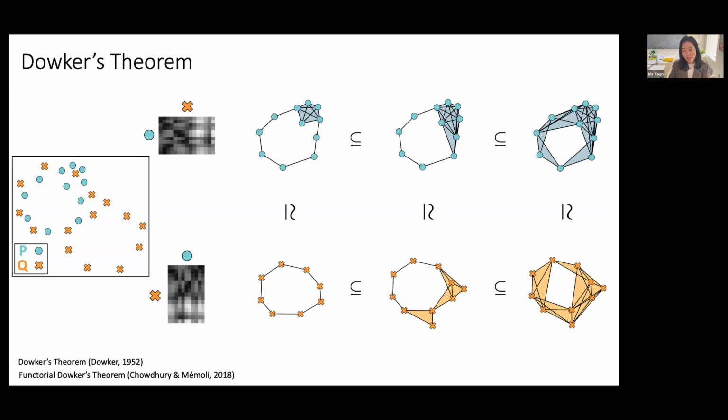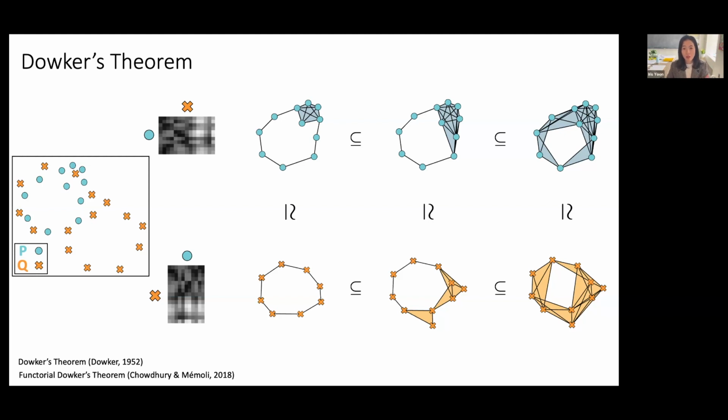And Dowker's theorem tells us that the choice actually does not matter. For each column on the screen, the simplicial complexes you see on the top and bottom are going to be homotopy equivalent. And the functorial Dowker's theorem says that even if you consider this in the persistence setting, the choice doesn't matter. So all the diagrams that you see here are going to commute up to homotopy.